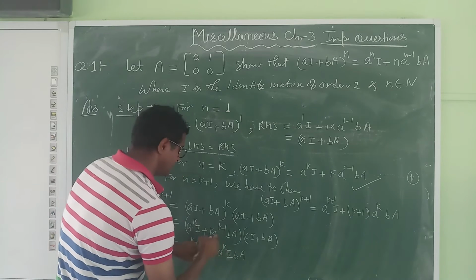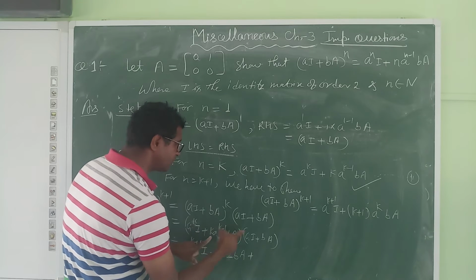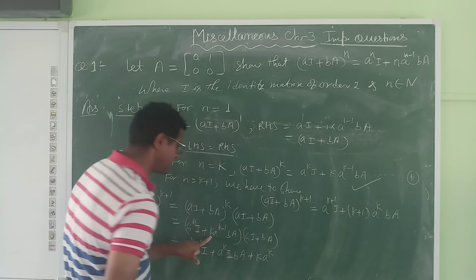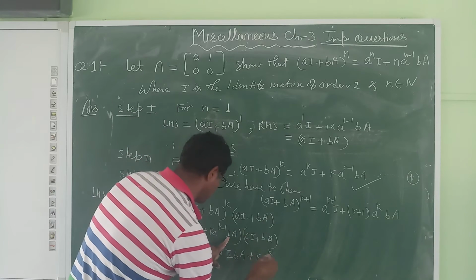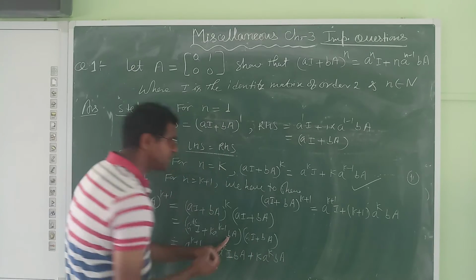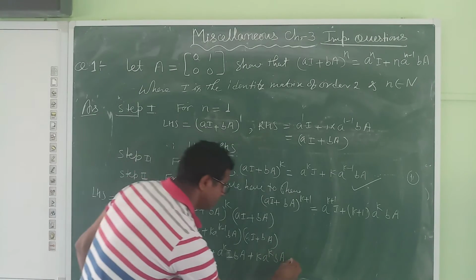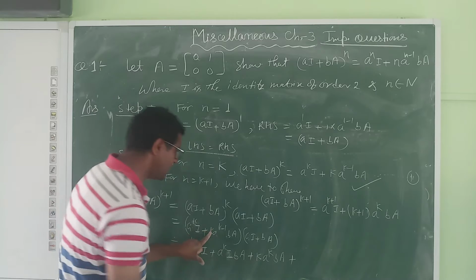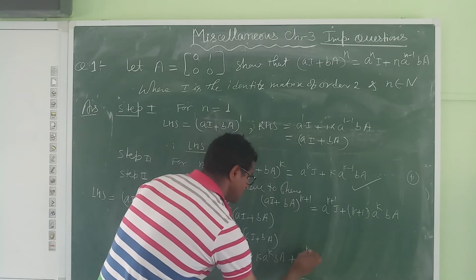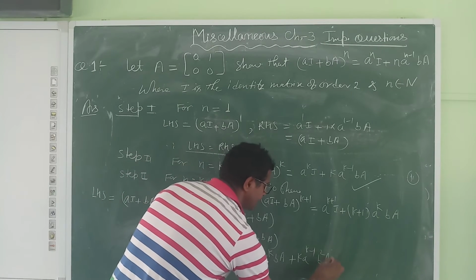Next, plus k a^(k-1) into a, k a^k bA. bA into I means any matrix multiplied with the identity matrix, you will get the same matrix. You can ignore the I as well. Plus k a^(k-1) b into b squared A squared.